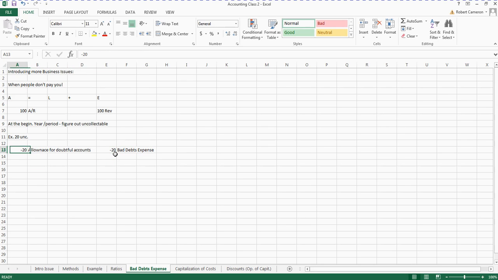And with this negative here in the assets, you're thinking, negative asset, what exactly is that? Well, here's the deal. Remember, the whole point of this is we're saying some of our accounts receivable is not going to be collected. So it wouldn't really make sense to call it a liability. We don't owe anyone else anything. It's just that we expect this accounts receivable up here to actually be less.